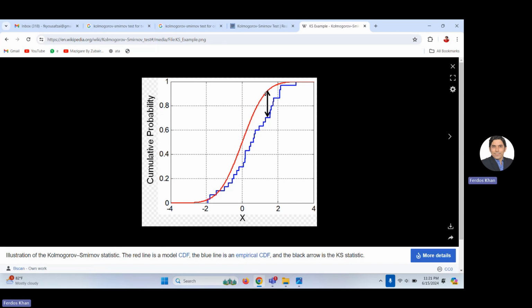The difference between these two is the basis of the test statistic, and the maximum value of the difference between the two is the Kolmogorov-Smirnov test statistic.